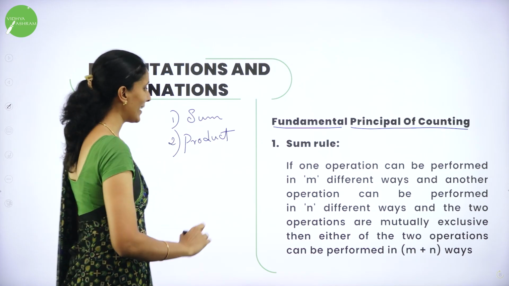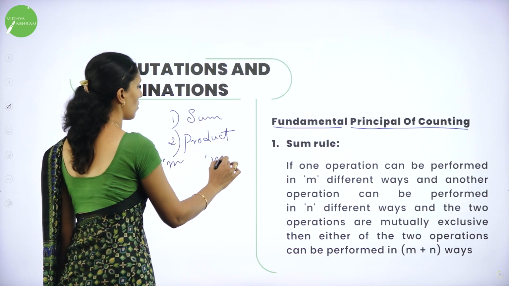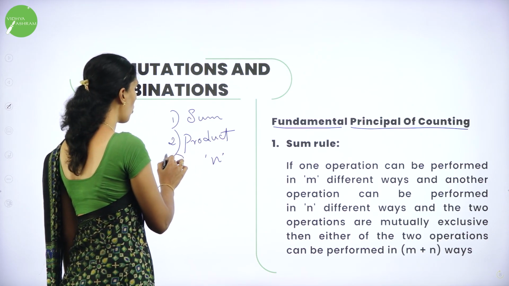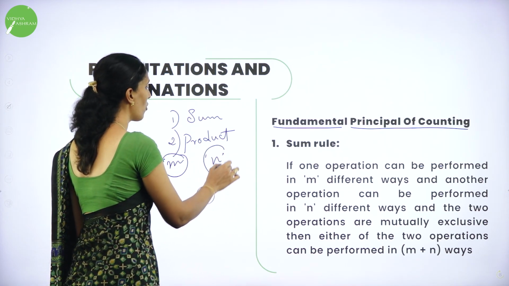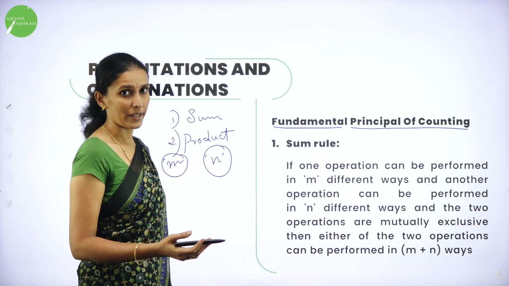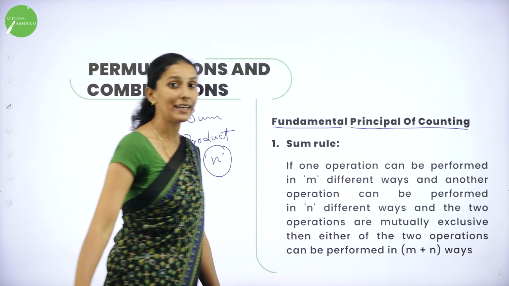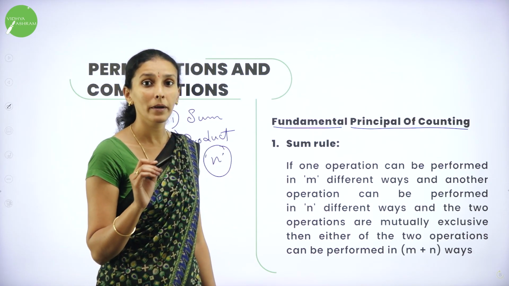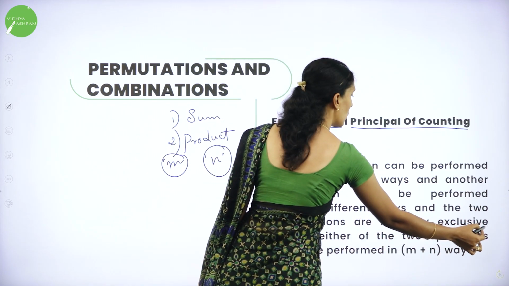Suppose I take two objects or types of objects. When m number of elements are arranged in some ways and n number of elements are arranged in different ways. For example, if one operation can be performed in m different ways and another operation can be performed in n different ways, but they are mutually exclusive.